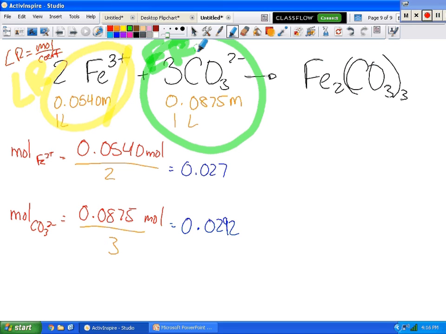Go again. What's the difference? But why would you need the molecular to do this? We didn't need anything. Because it tells me specifically that the concentration of the iron 3 bromide is 0.054 molar.